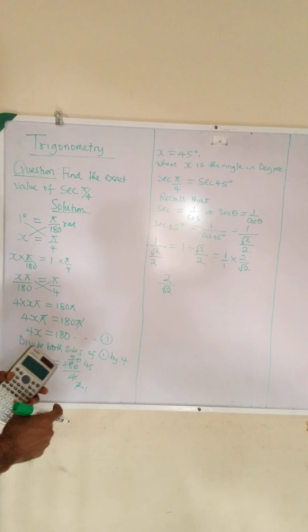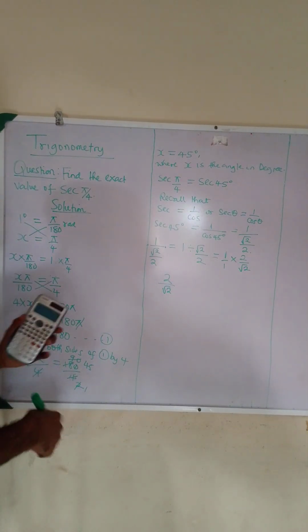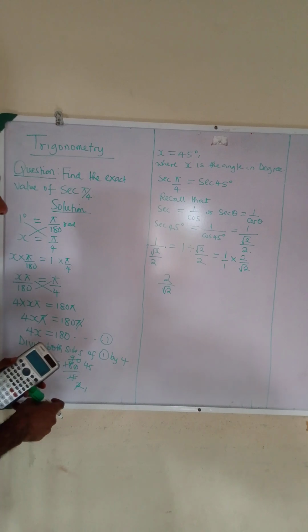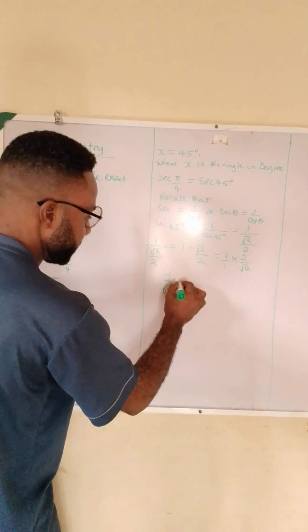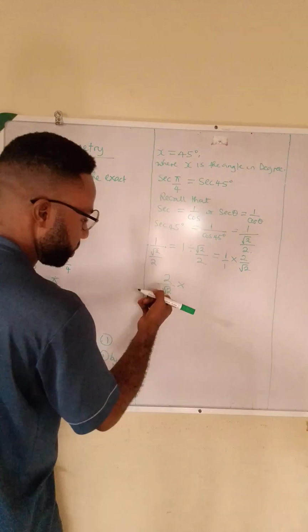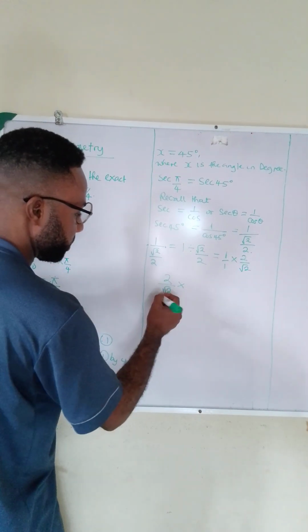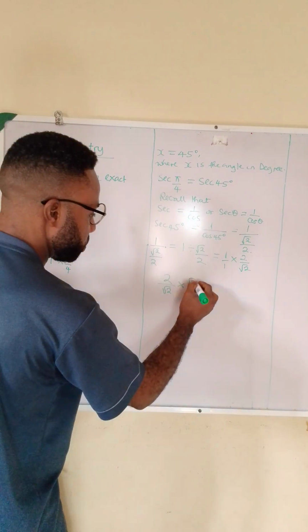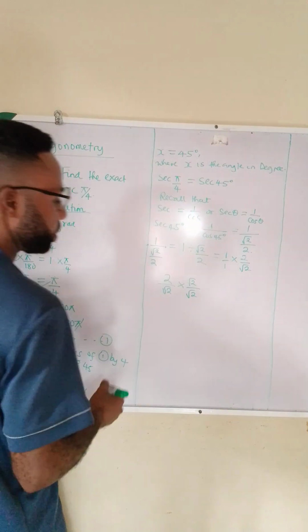Now, this is an irrational number, so we have to rationalize it. And so to rationalize it, we multiply this by the conjugate of the denominator. So we multiply it by root 2 over root 2.